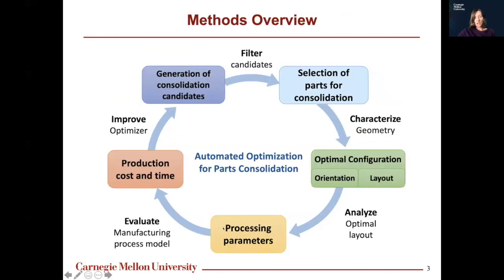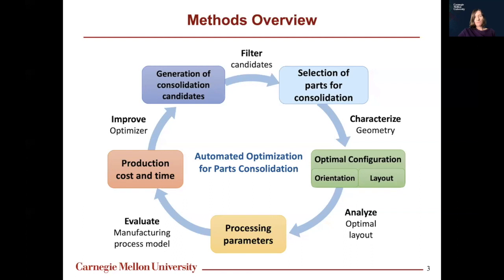We then select the optimal processing parameters, including travel speed, and use that to evaluate the total production costs and time from setup of the AM build to including all post-processing steps. And then we optimize that consolidation for either minimizing production costs or minimizing production time.